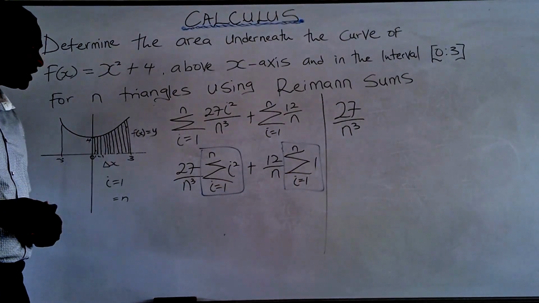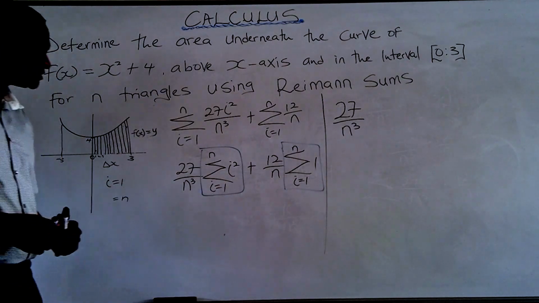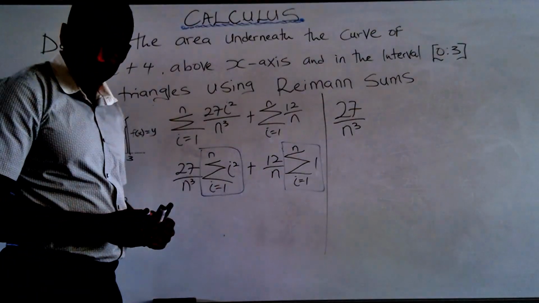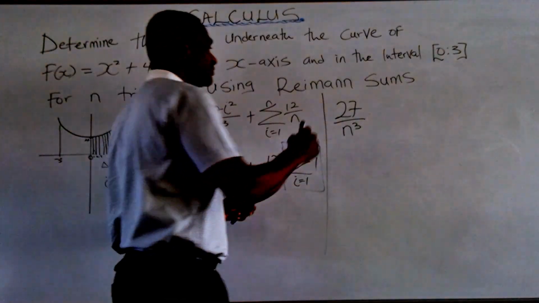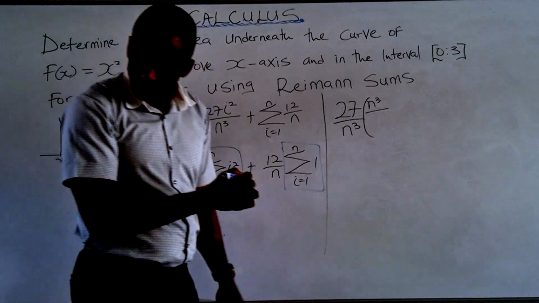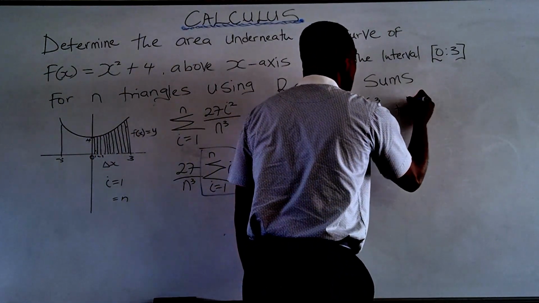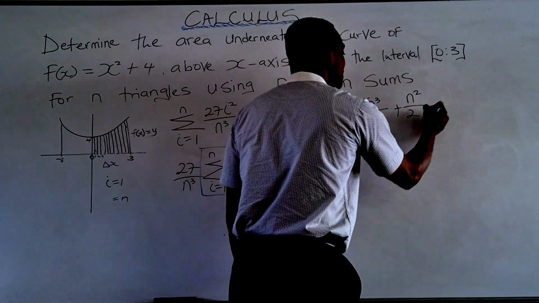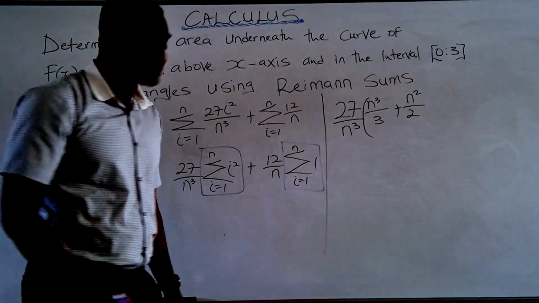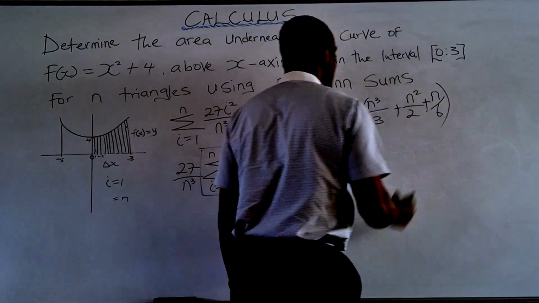So 27 over n cubed, the summation of i squared as i stands from 1 to n, will be replaced with n cubed over 3 plus n squared over 2 plus n over 6. So this is for this.